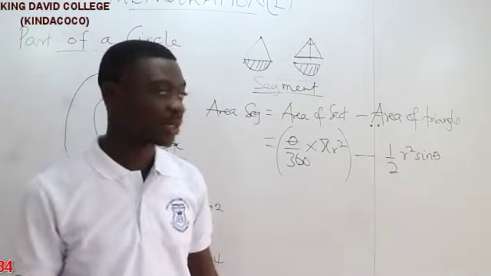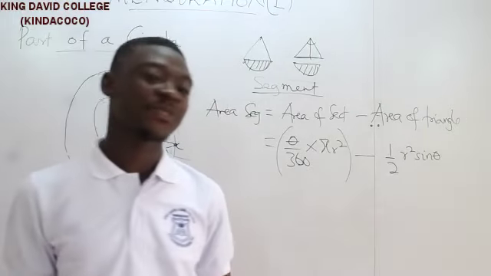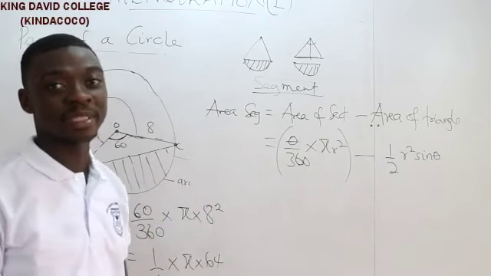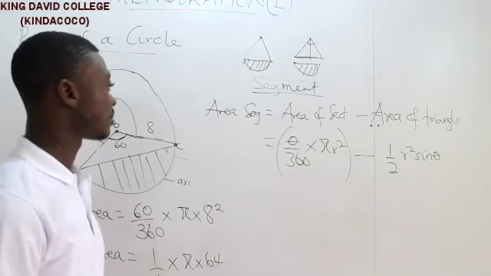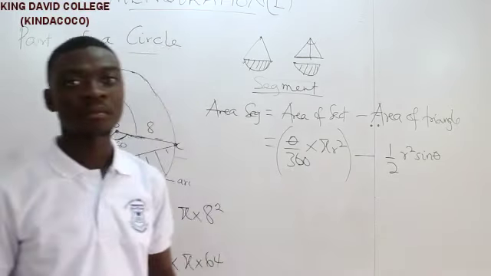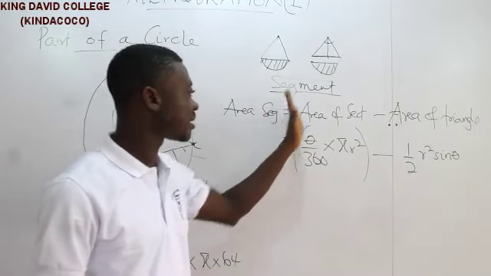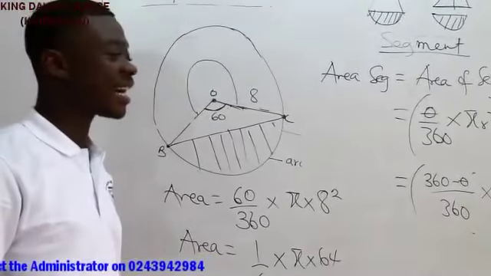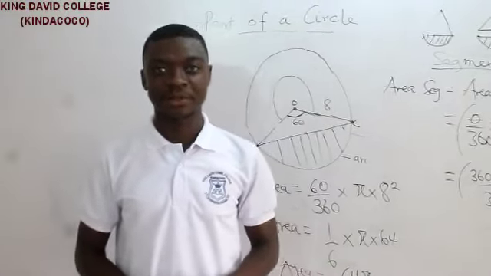It's calculator work, but just know how you can generate these formulas, or if you can learn them, it's going to assist you. Very well. So normally they will ask you the area of the segment, and then you have to get this. It's been a very nice journey treating the part of a circle.